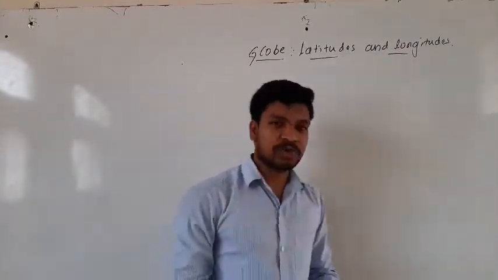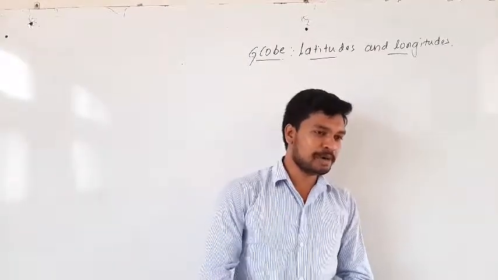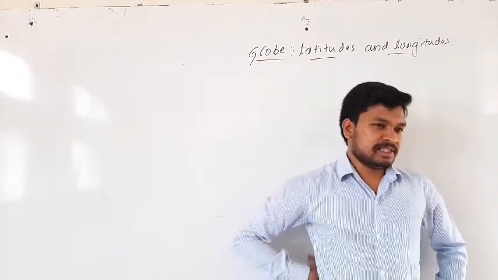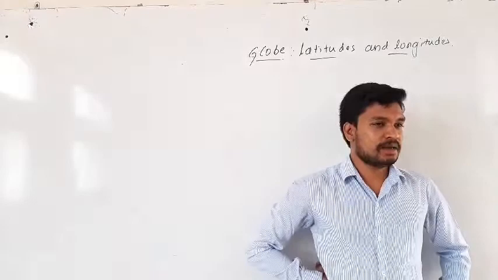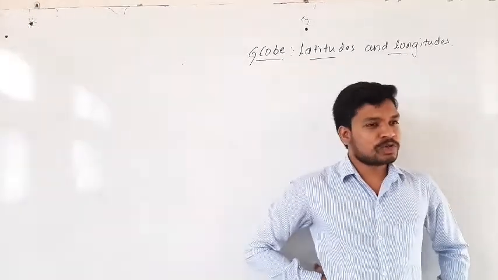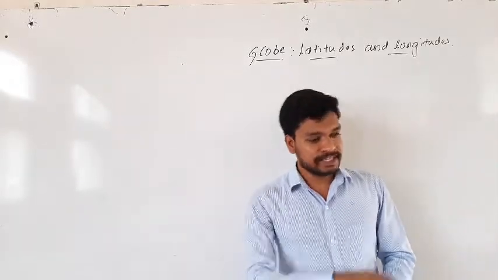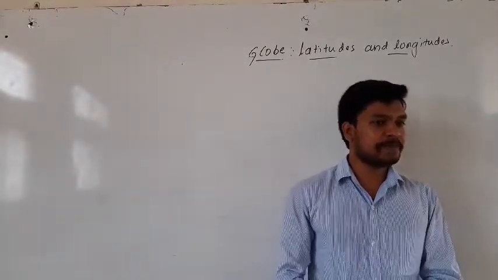Last class I told you about the globe. What is a globe? Yes. Good. Globe is a true model of Earth. It shows the exact shape, but it's not the exact shape.